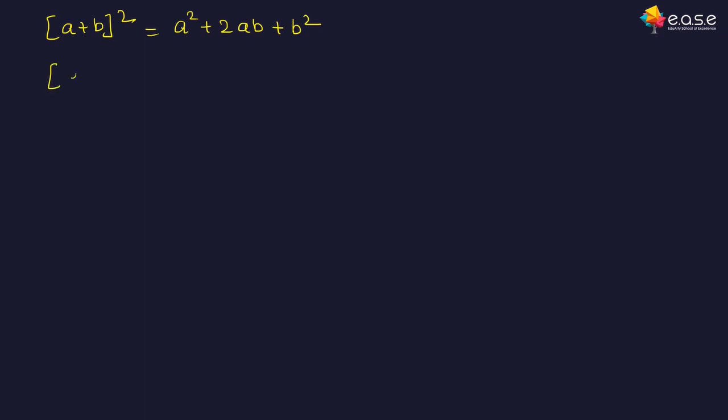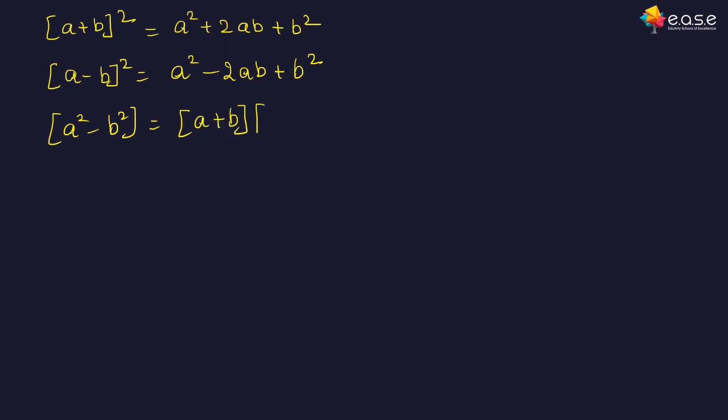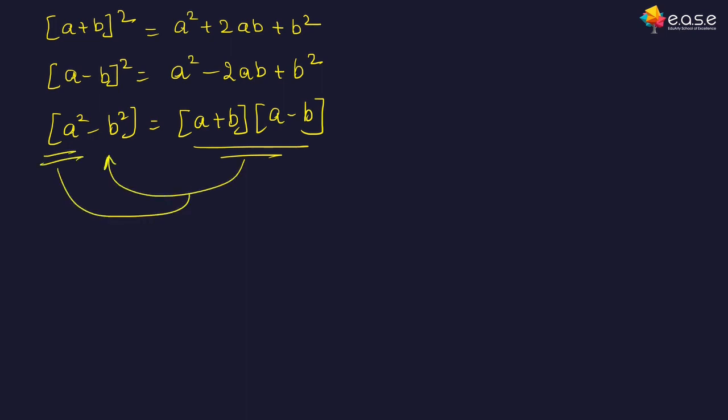Then a minus b the whole square, which is equal to a square minus 2ab plus b square. And then a square minus b square, which is equal to a plus b into a minus b. Correct? Understand, girls, left to right and right to left. If this is given to you, we have to write this, or if this is given to you, we have to write this. Vice versa, both ways.